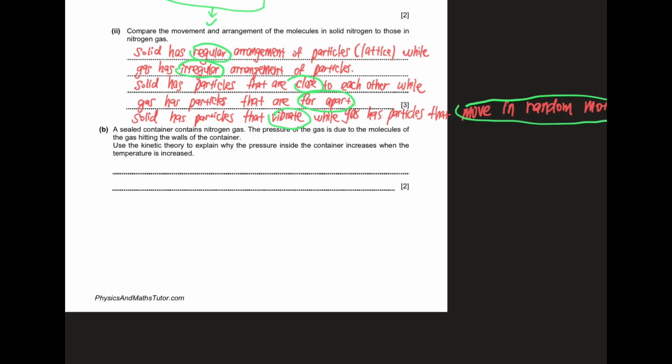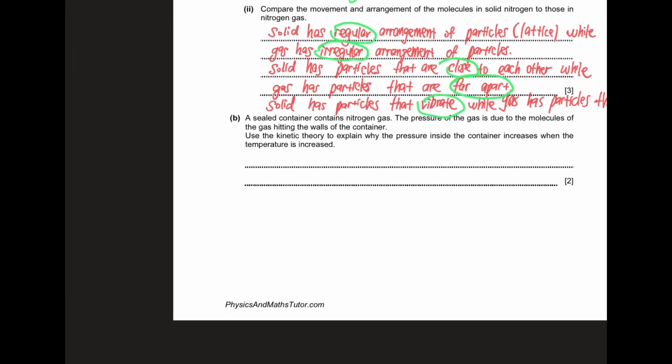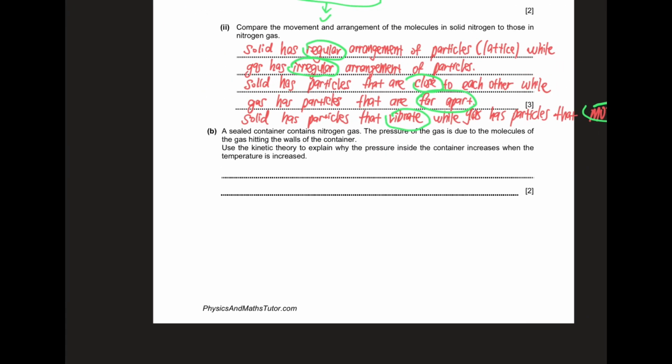Use the kinetic theory to explain why the pressure inside the container increases when the temperature is increased. So of course you should talk about the kinetic energy. Okay, so collision with the wall of the container. So talk from this aspect. Okay, so 2 marks are given here.